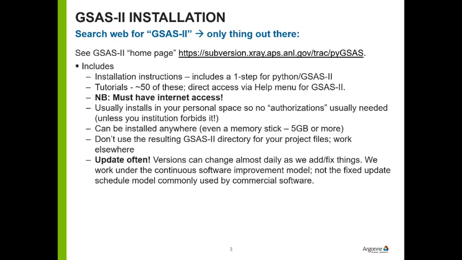The other thing I want to say is update often. We change GSAS-II literally daily. The current version is something like 5,400 and something or other, and it started at 1, so you can imagine how many times we have updated the software.